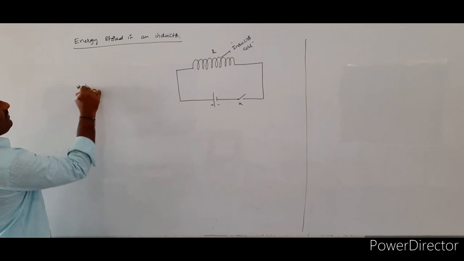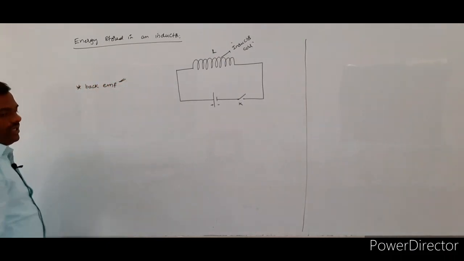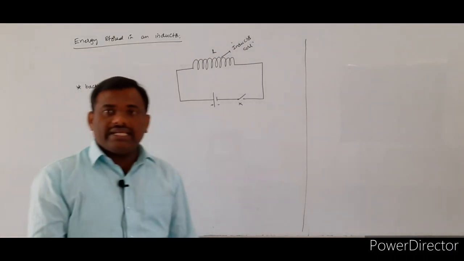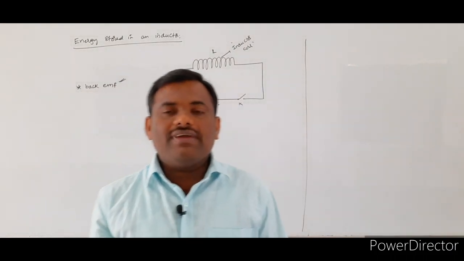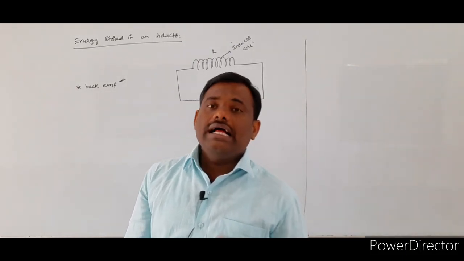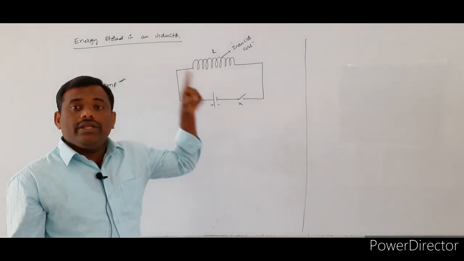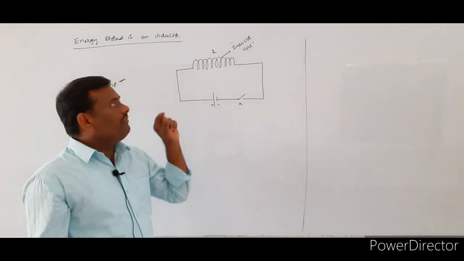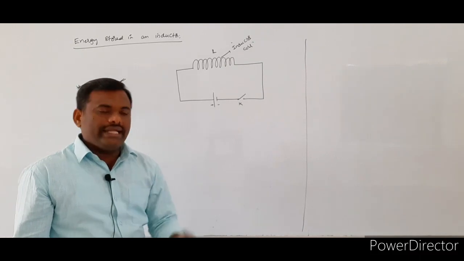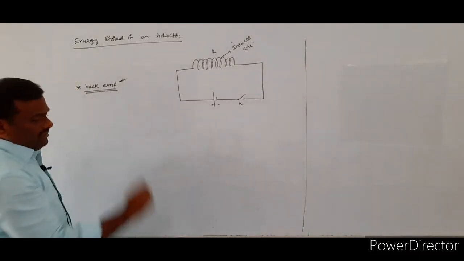In the case of the given solenoid, due to the change in current, the magnetic flux associated with the solenoid also changes. As a result, induced EMF is produced within the solenoid. Such induced EMF we call back EMF.